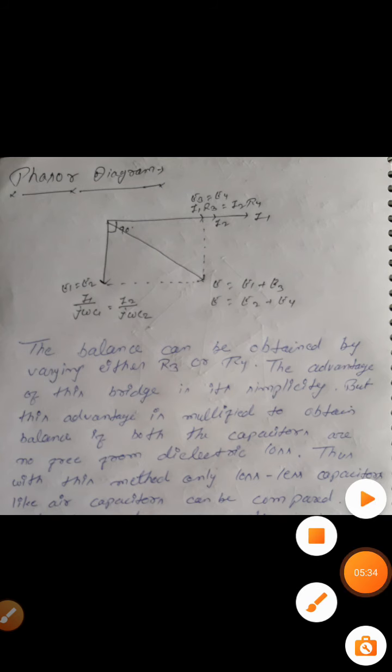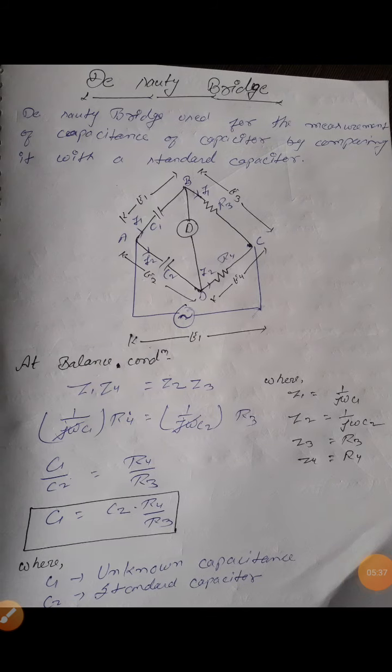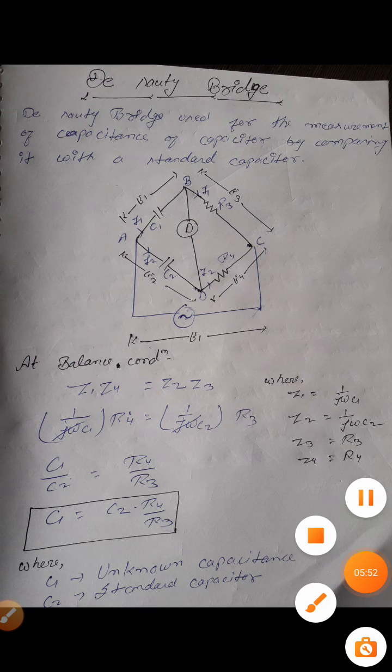So I1 upon j omega C1 equals I1 upon j omega C2. In branch BC, the potential difference E3 is equal to I1 upon R3, and in branch DC, E4 is equal to I2 upon R4. We also know that E3 and E4 are equal, and we also draw this in the figure.